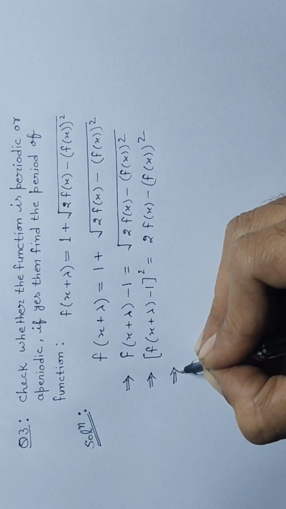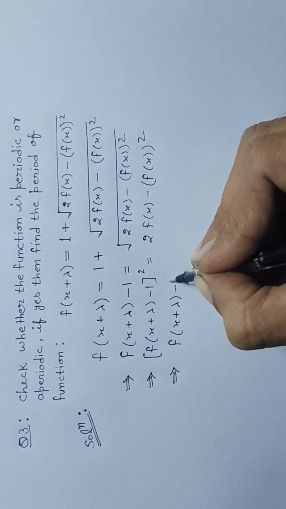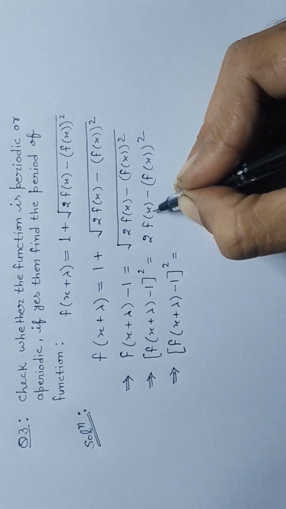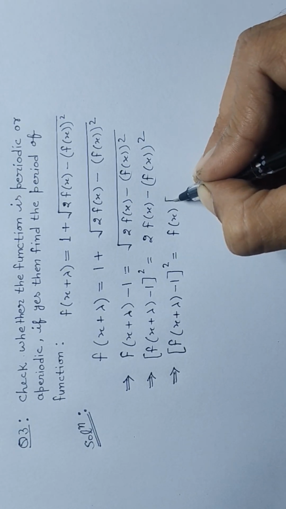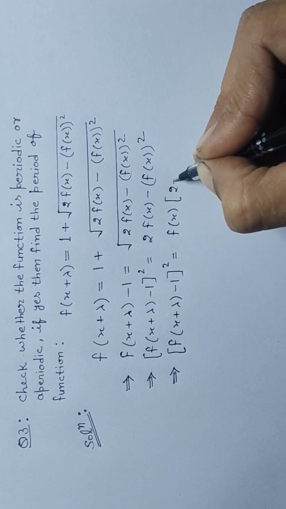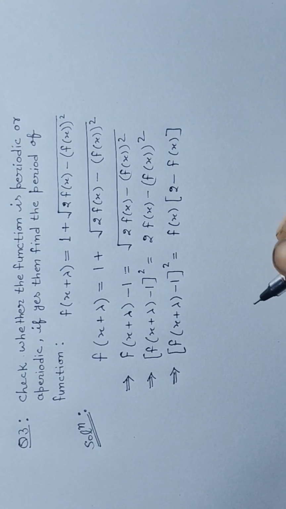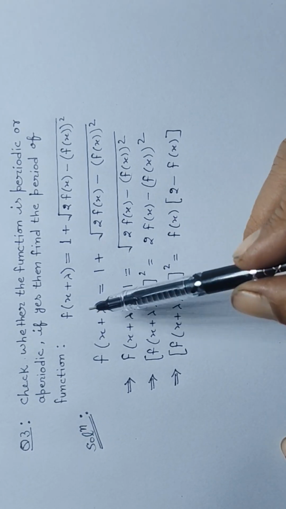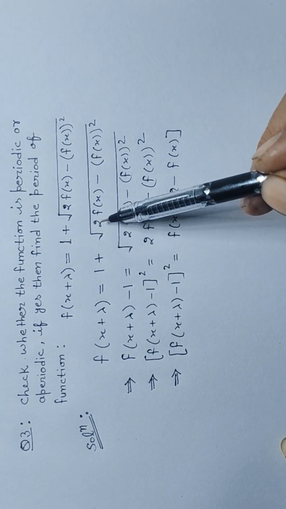So we get again (f of x plus lambda minus 1) whole squared equal to f(x) as a common outside. So we get f of x into (2 minus f(x)). And we see that the mother equation is f of x plus lambda.